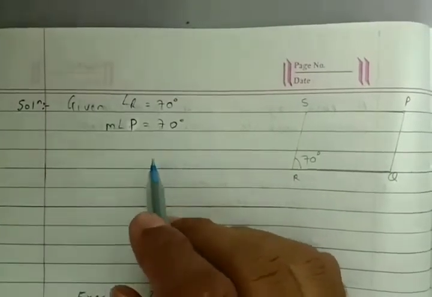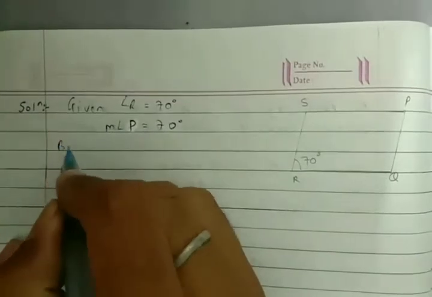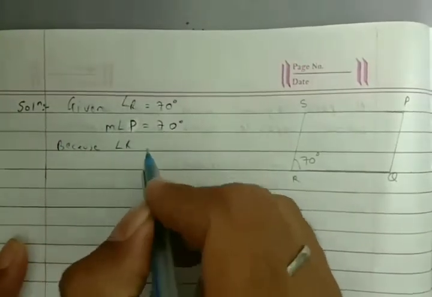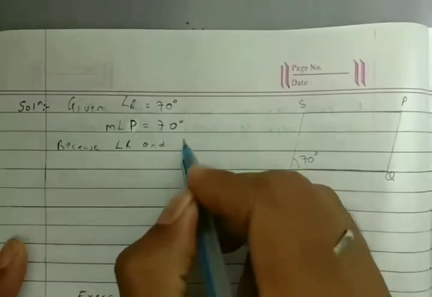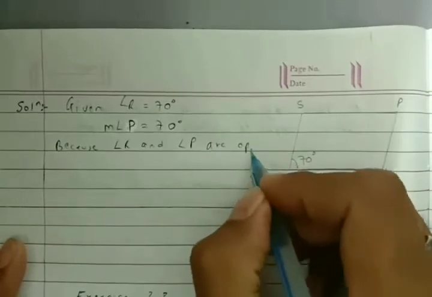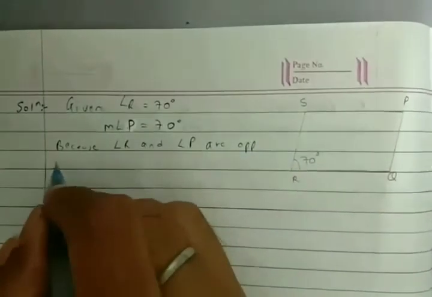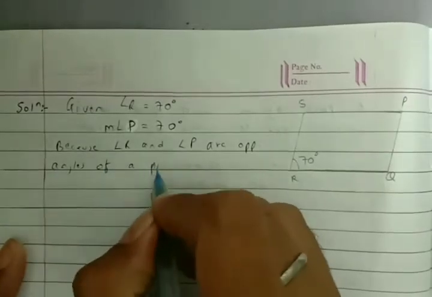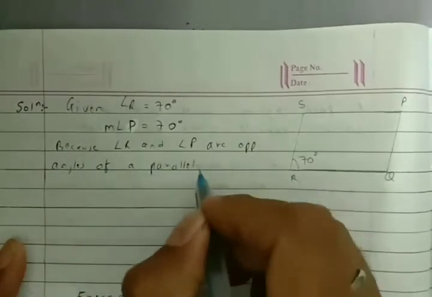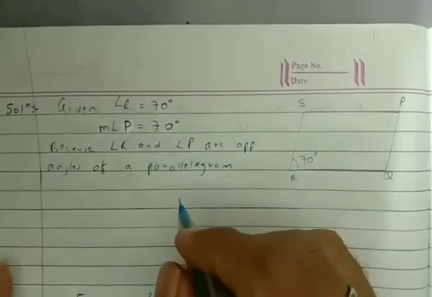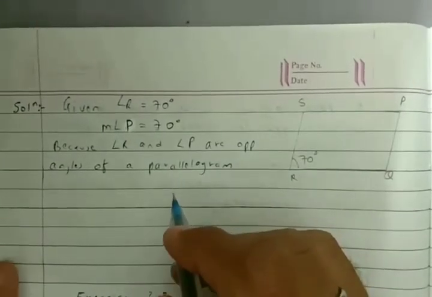Okay, because angle R and angle P are opposite angles of a parallelogram, right?